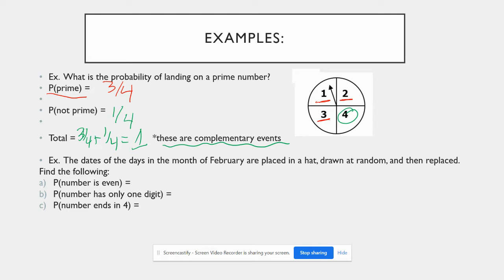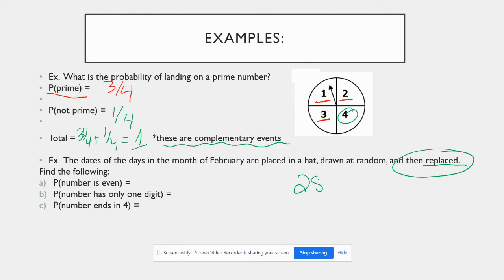The dates of the days in the month of February are placed in a hat, drawn at random, and then replaced. That's going to become important as we start talking about different types of probabilities. But being replaced means I'm going to draw the 5th of February and I'll put it back into the hat. So what is the probability that the number we drew is even?